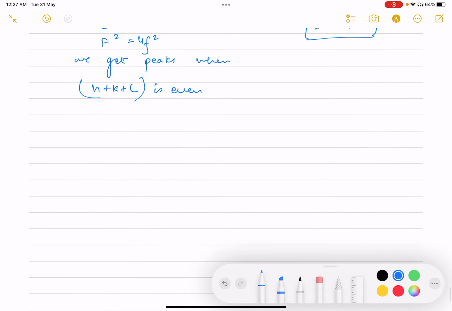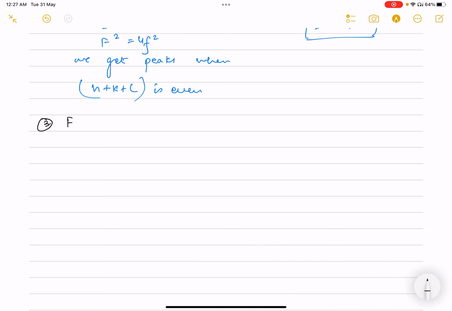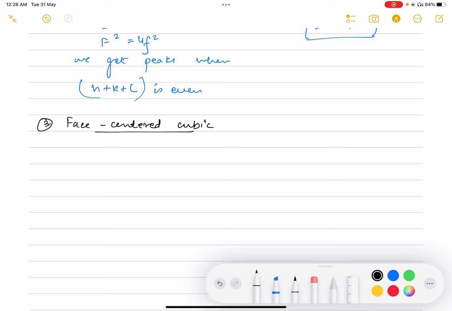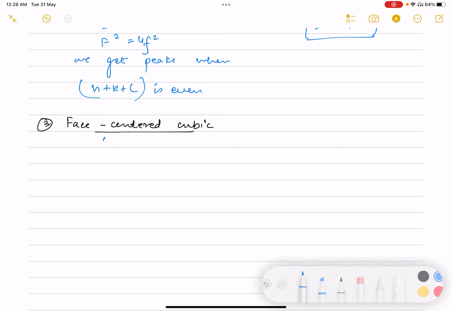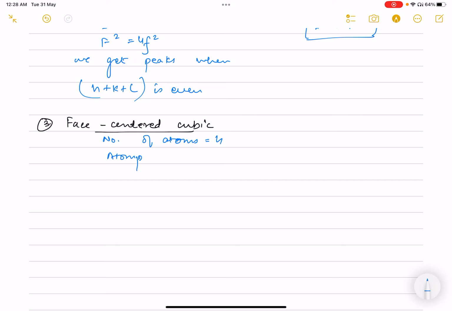Now for face centered cubic. Face centered cubic actually has 4 atoms per unit cell, and the atom positions are 0, 0, 0; half, half, 0; half, 0, half; and 0, half, half.